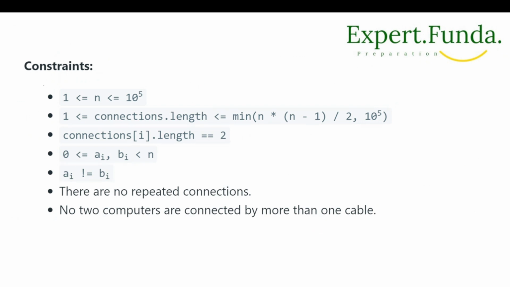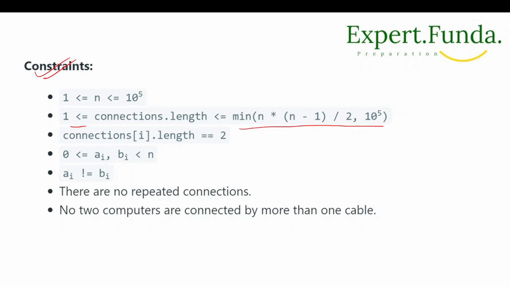Now understand the constraints, right? So n is greater than or equal to 1 and less than or equal to 10 to the power 5. So connections.length should be at least n minus 1, and at most n into n minus 1 by 2, and 10 to the power 5, whichever is minimum, that will be our length.